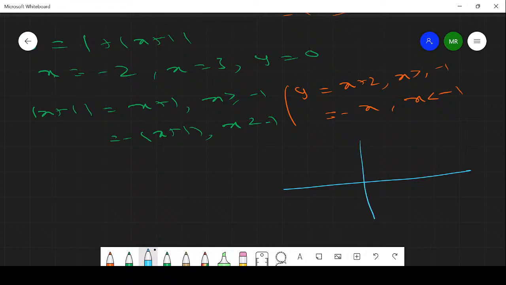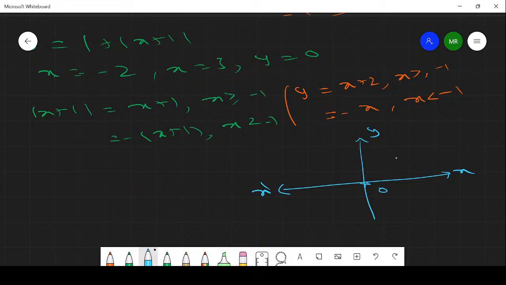You draw this line as the y axis, and this is the x axis and x dash, and this is the origin. Now at x greater than minus 1, the value is minus 1, adding 1, so y equal to x plus 2.